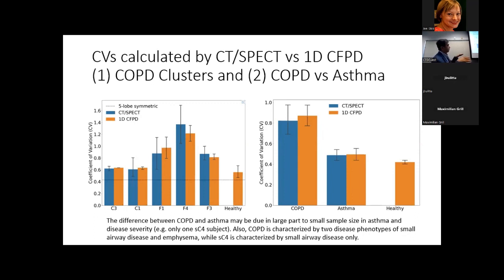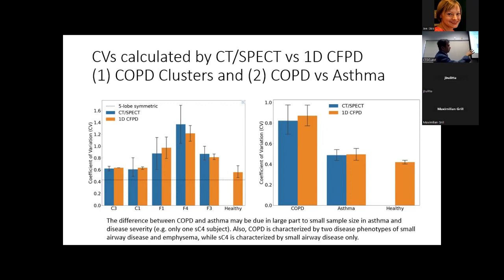And the same is true for F1 and F3. But if we compare current and former smokers, 1 and 3 are different. In addition, you look at the former smoker cluster 4, F4. You can see the CV is very high. So that means there are local hotspots, especially in F4 subjects.